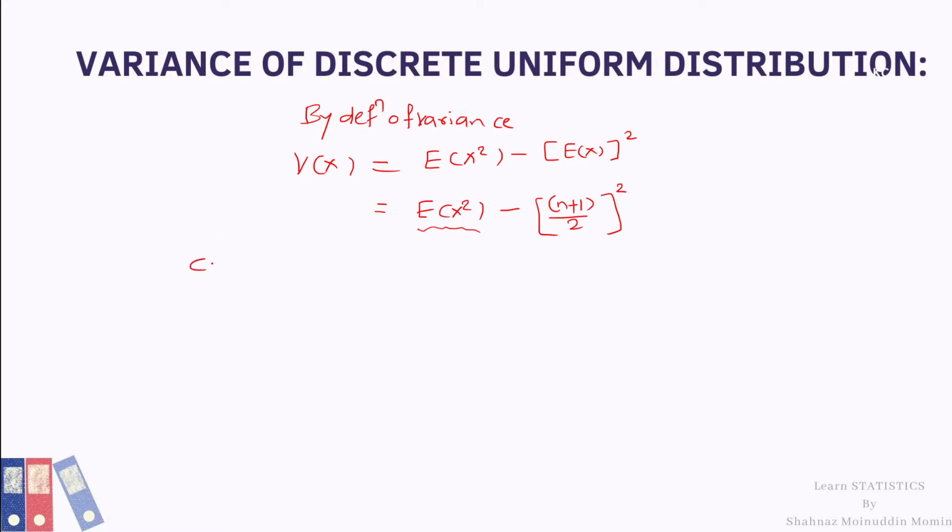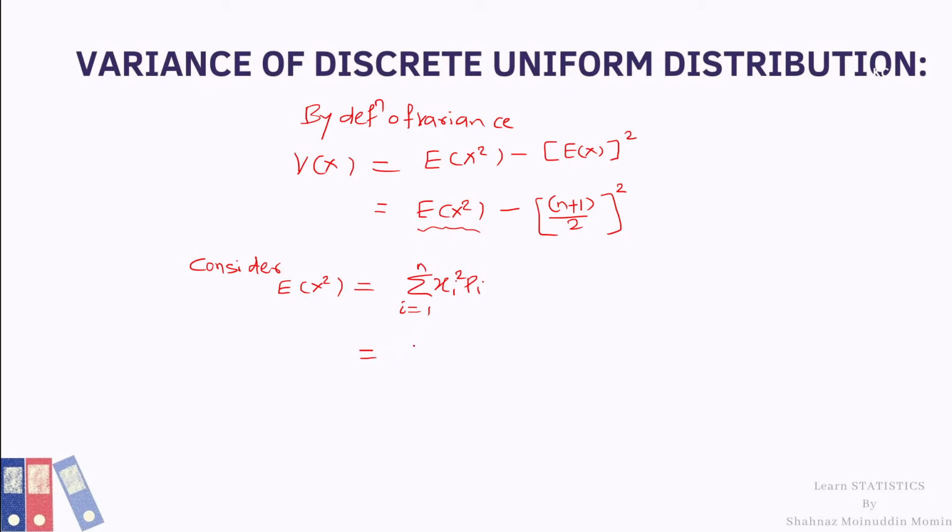So consider expectation of x square. We know that by definition it is summation xi square into probability pi, i is 1 to n.